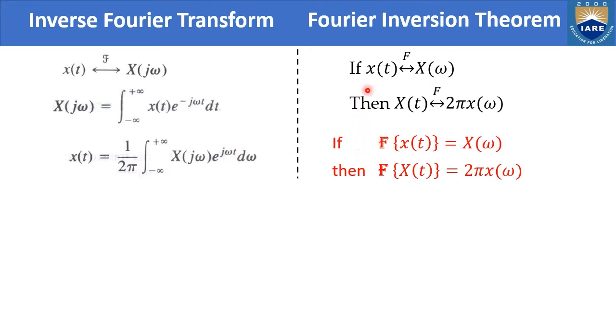The other way of explaining this is, the Fourier inversion theorem says if capital X of omega is the Fourier transform of small x of t, then the Fourier transform of the spectrum, when omega is replaced with t, is equal to 2 pi times the signal itself, with the independent variable of the signal replaced with omega.